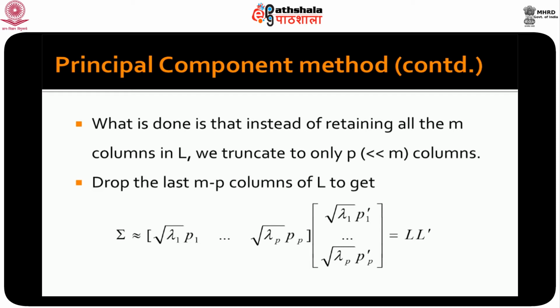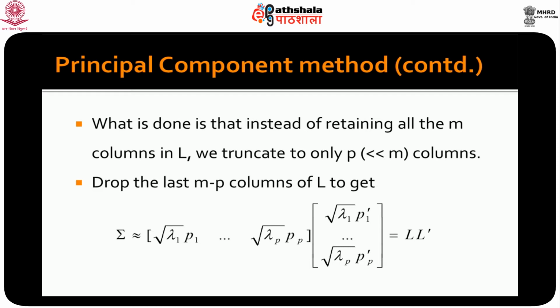What we do here is that we only consider the first p columns of the given L. That is, instead of the m columns, we look at only p columns, the first p. So, now we have a matrix, say sigma tilde, which is square root of lambda 1 p1, square root of lambda 2 p2, up to square root of lambda p pp, and the transpose of this matrix.